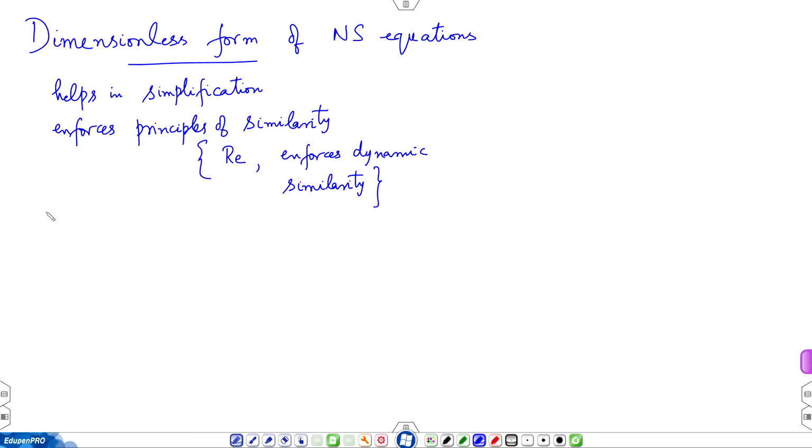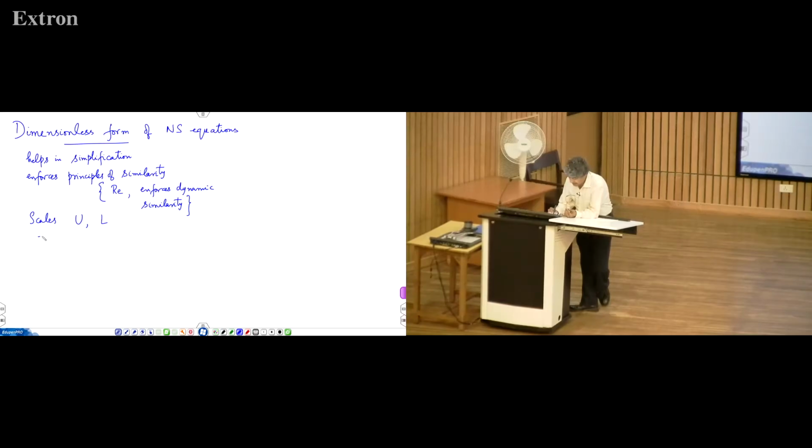So, using scales capital U for velocity, L for the linear dimension, Navier-Stokes equations, including the mass balance equation.